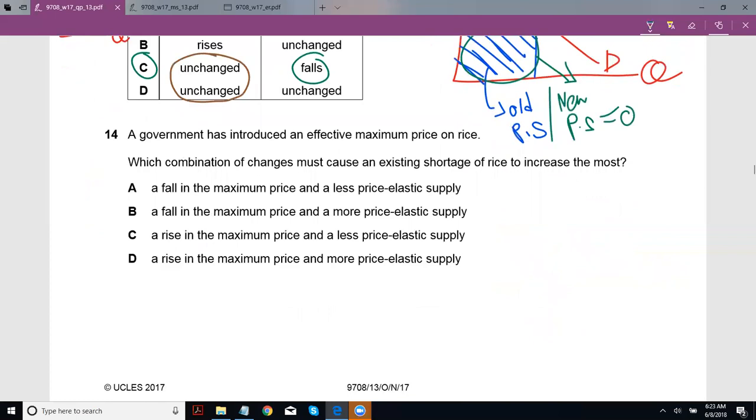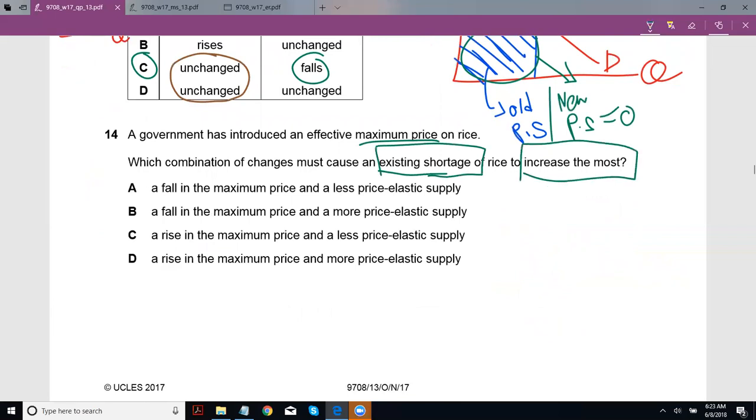A government has introduced an effective maximum price on rice. Which combination of changes must cause an existing shortage of rice to increase the most? So there's a maximum price, and obviously that does cause a shortage. And they're saying which combination of changes must cause an existing shortage of rice to increase the most.